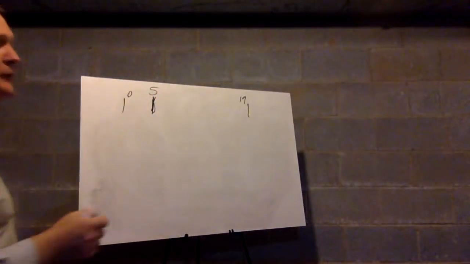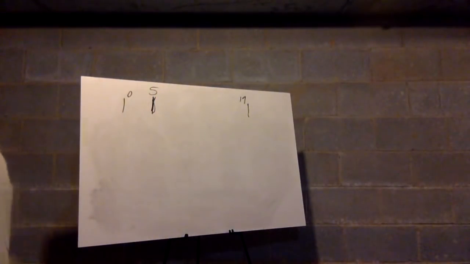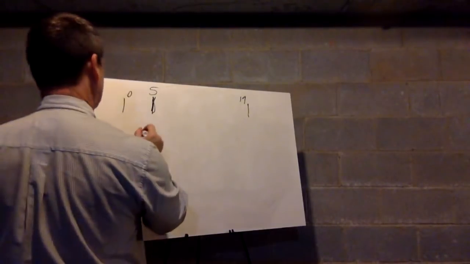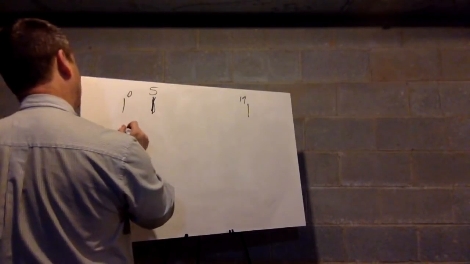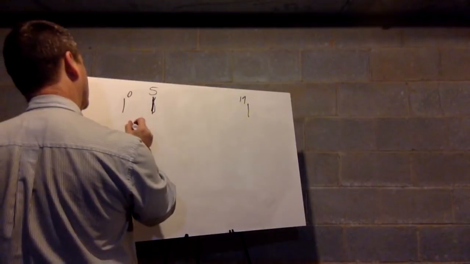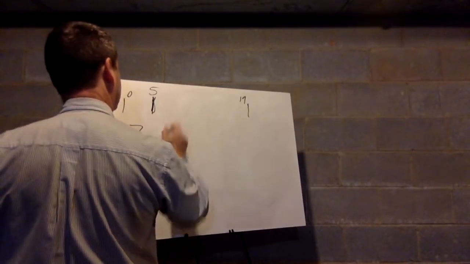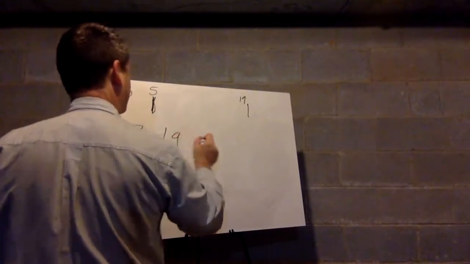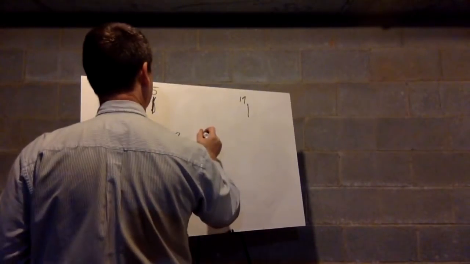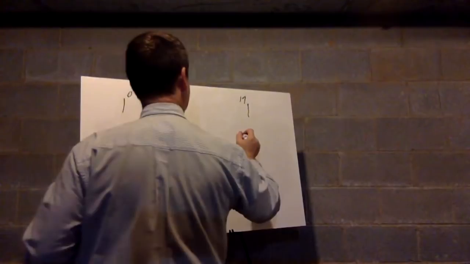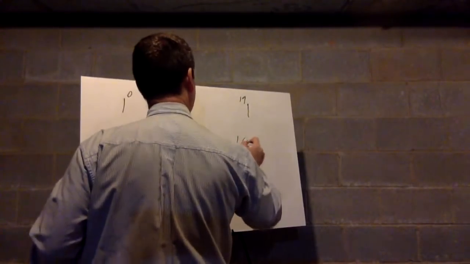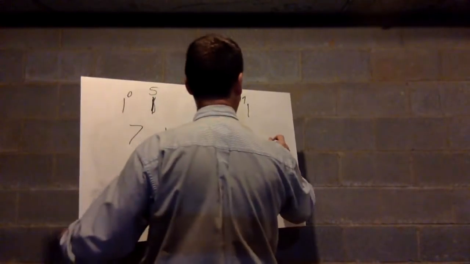I'm just making that up. And then I'm just going to make up some requests. Let's pretend your queue has a request for cylinder 7, a request for cylinder 19, a request for cylinder 3, a request for cylinder 16, and a request for cylinder 2.